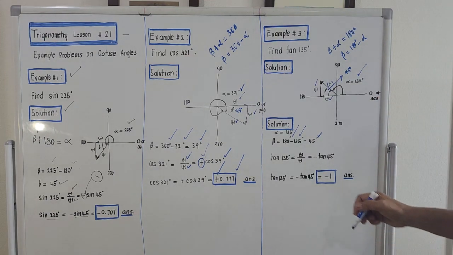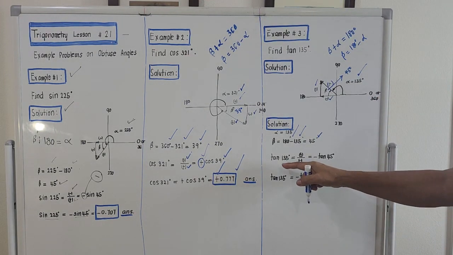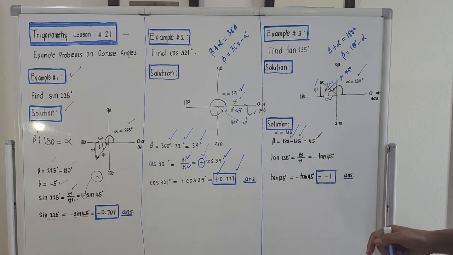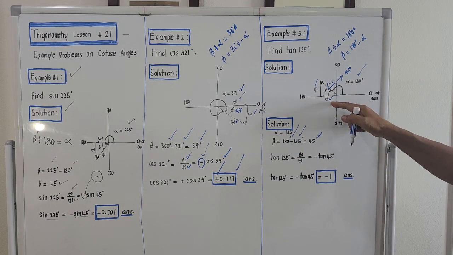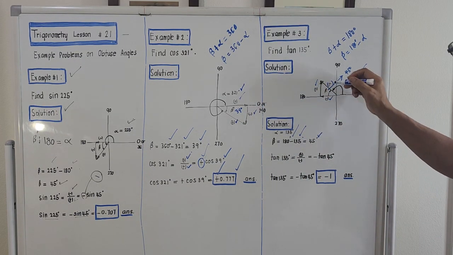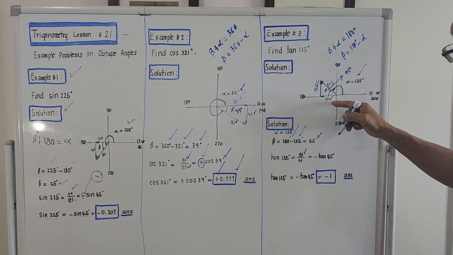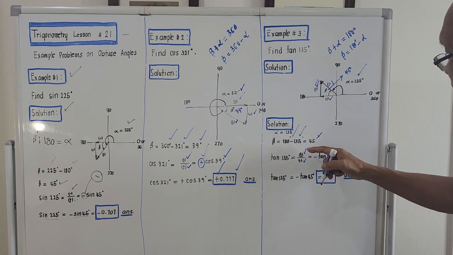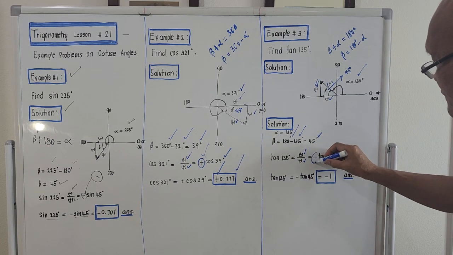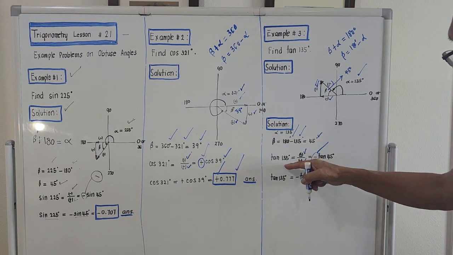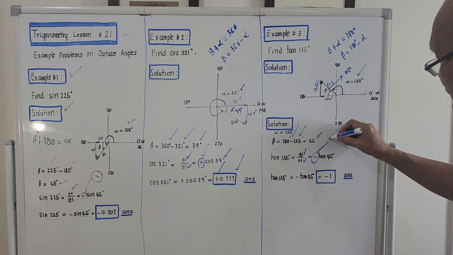So if we take the tangent of 135, tangent is opposite over adjacent. It should be this side here over this. This is a plus. The adjacent is minus. A plus and a minus should be minus. So the proper sign for tangent of 135 is actually minus.